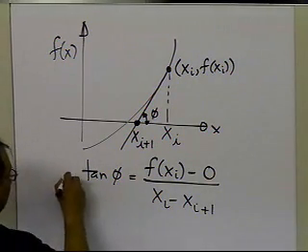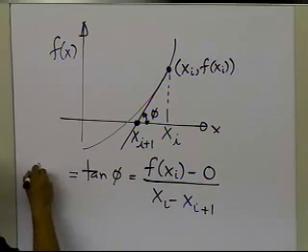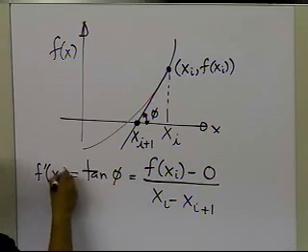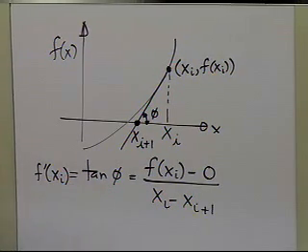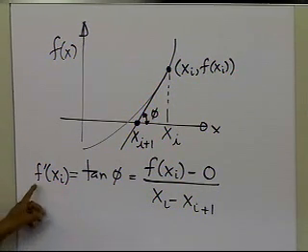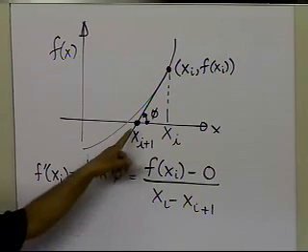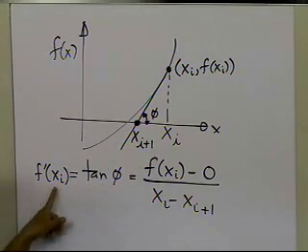And we know that the tangent of phi is nothing but f prime of x of I, because drawing the tangent means the tangent of the angle of this tangent line is the same as the value of the derivative of the function at that particular point.